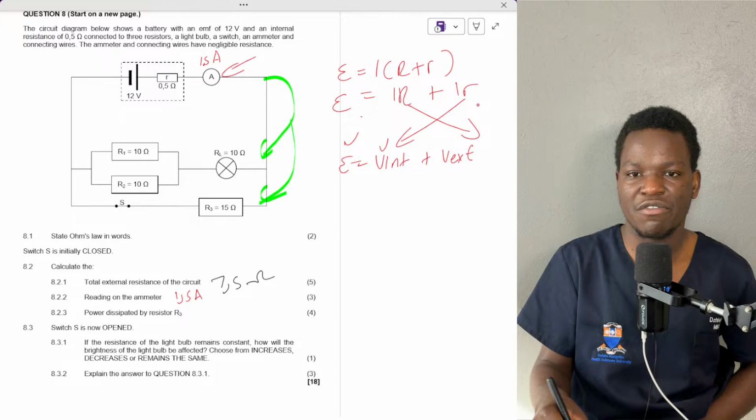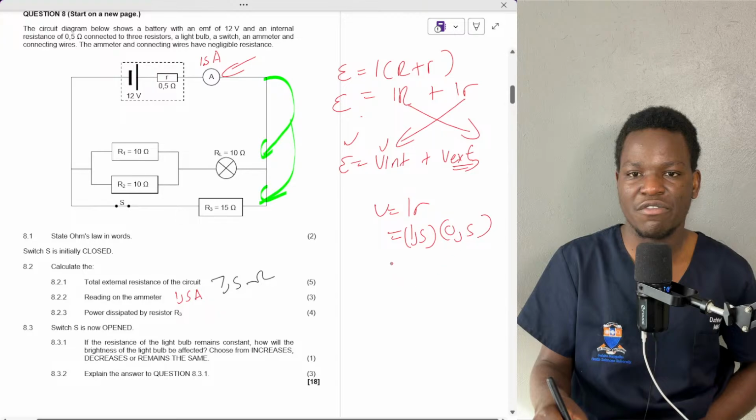So in all this, how are we going to find our V external? We are just going to find our V internal, remove it from the EMF, and find it there. Our V internal equals IR. It's just this current, V equals IR. Now we add our current, which is 1.5, and our resistance, which is 0.5.